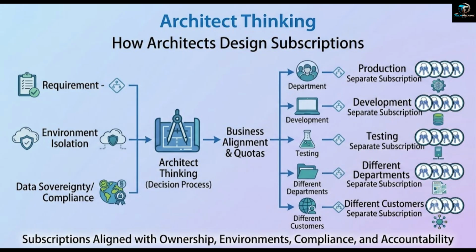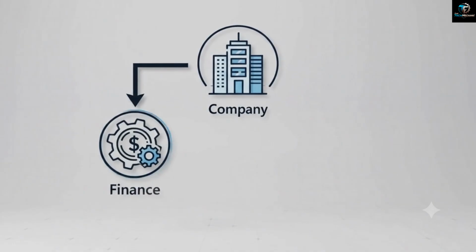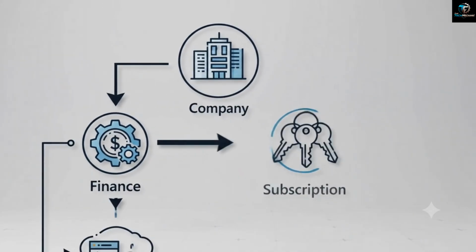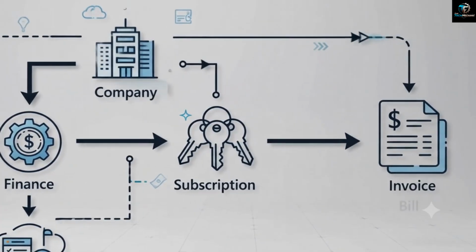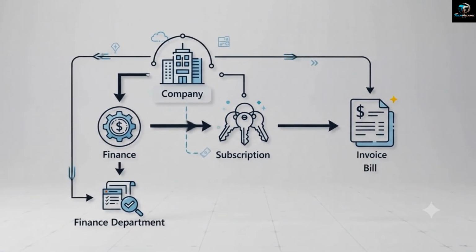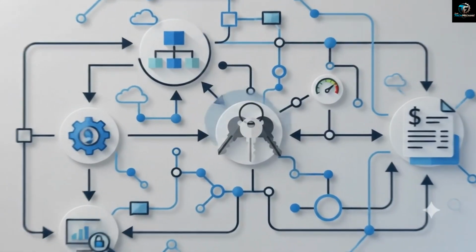They align them with business ownership, environments, compliance requirements, and financial accountability. Let's take a bank. Retail banking, corporate banking, credit cards, and insurance may each have their own Azure subscription. This separation simplifies governance, budgeting, compliance, and operational management.